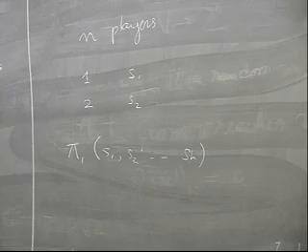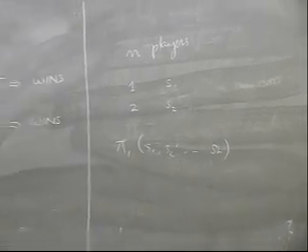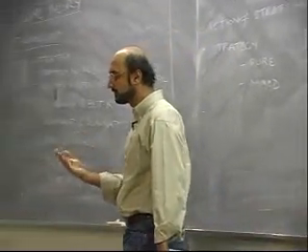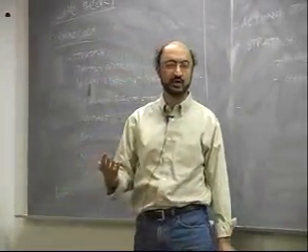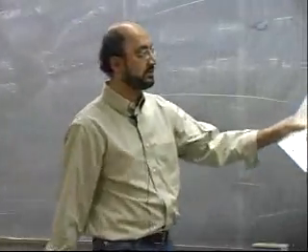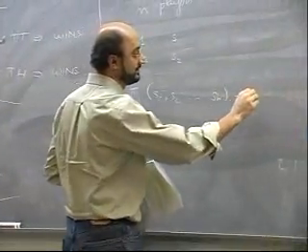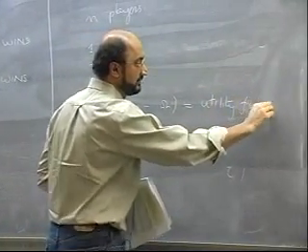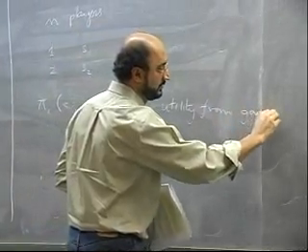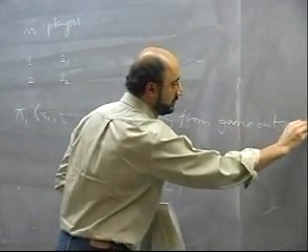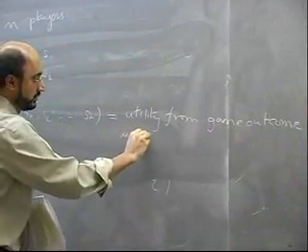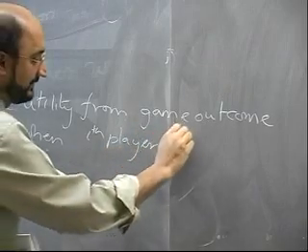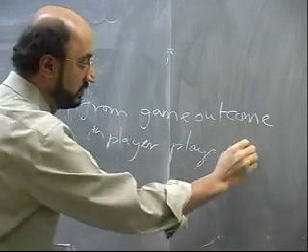Each player says, I'm going to play this strategy. They each play the strategy, and then the game proceeds. The rules of the game decide, based on the strategies, what's going to happen. At the end of that, you get a payoff, and that's essentially the utility from the game outcome when the ith player plays S_i.